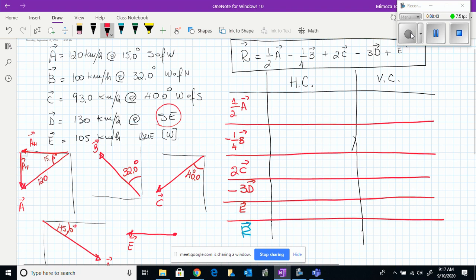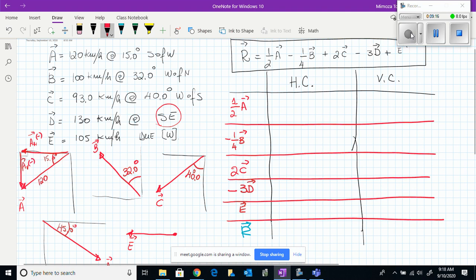So now the horizontal, is it positive or negative? Is it going toward east or is it going toward west? Negative, good. So this is negative. And the vertical component, is it positive or is it negative? So is it going toward south or is it going toward north? It's negative, great.